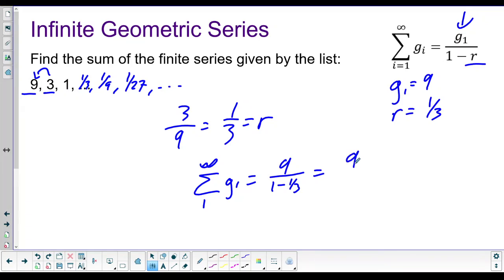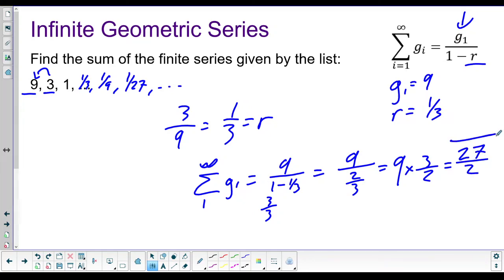So this is going to be 9 divided by 1 is 3/3, right? So 3/3 minus 1/3 is 2/3. And when we divide by a fraction, we know that we can just flip the fraction and multiply instead. So 9 times 3 is 27 over 2. And I would prefer it if you left your answer like that. But you could also write it as a decimal, which is 13.5.